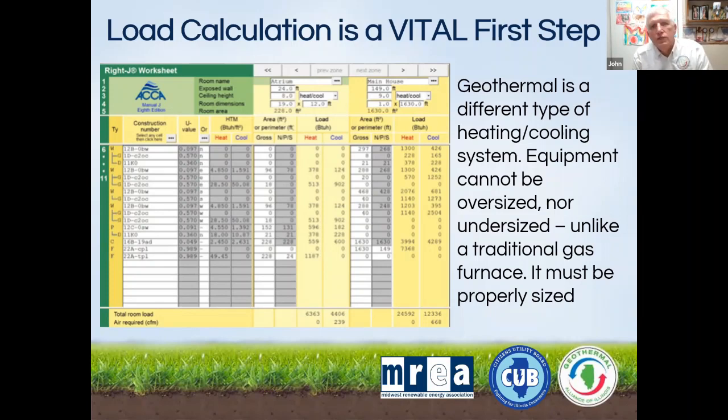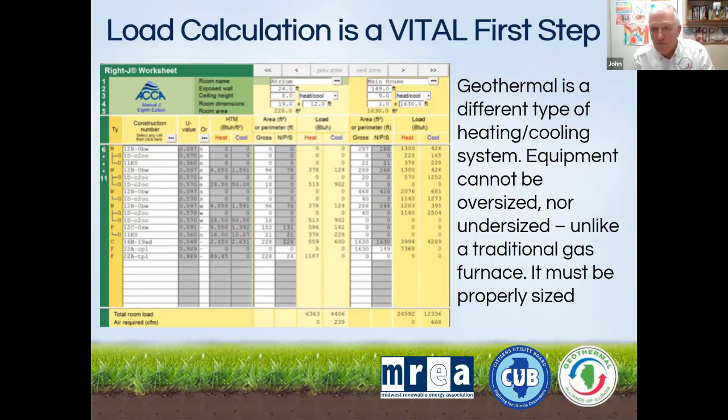The load calculation is the vital first step. Now, with any heating and cooling system being put into a home or a business, a good first step is running a load calculation. What does that mean?